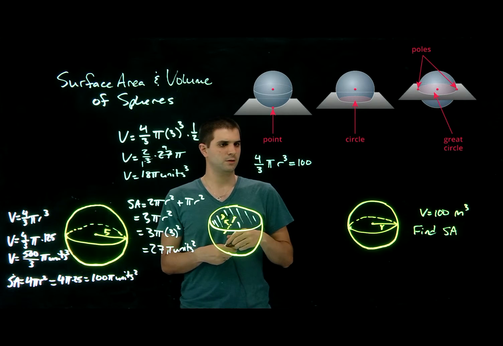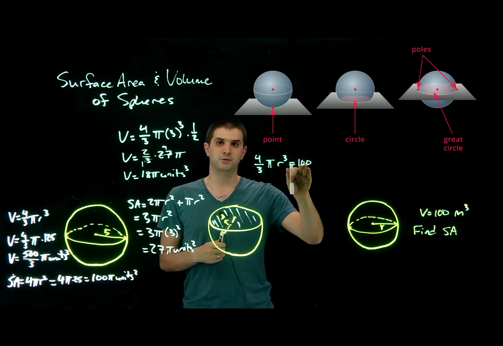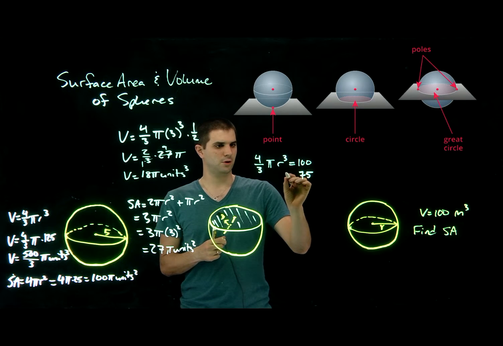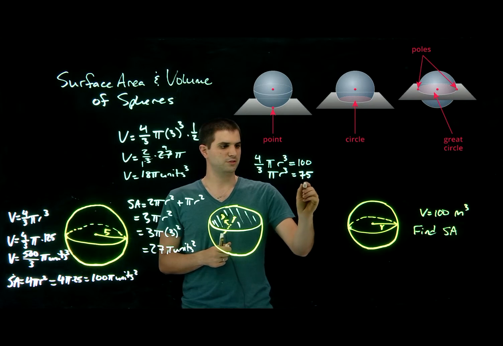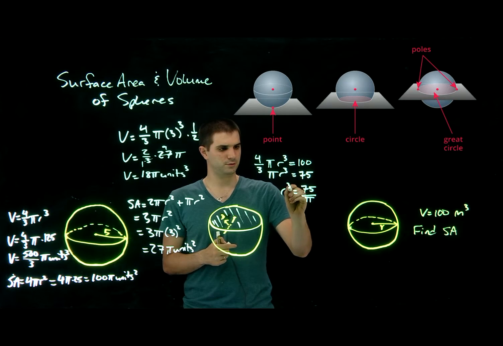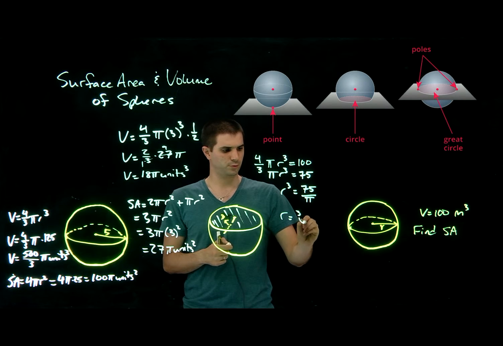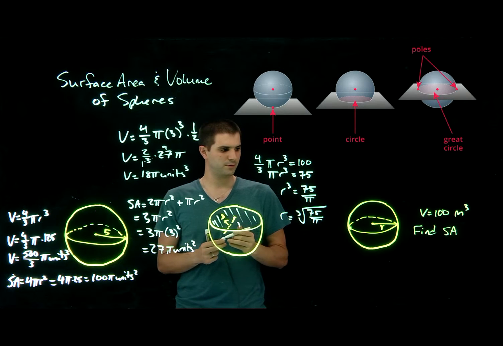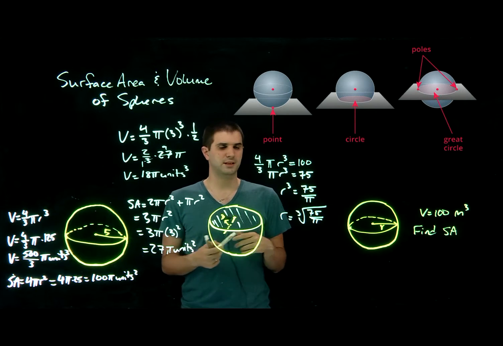We have to multiply this by 3/4, so that's going to be 75 equals pi r cubed. So 75 over pi equals r cubed. So r equals the cube root of 75 over pi. Now that doesn't look pretty, but that's perfectly fine.